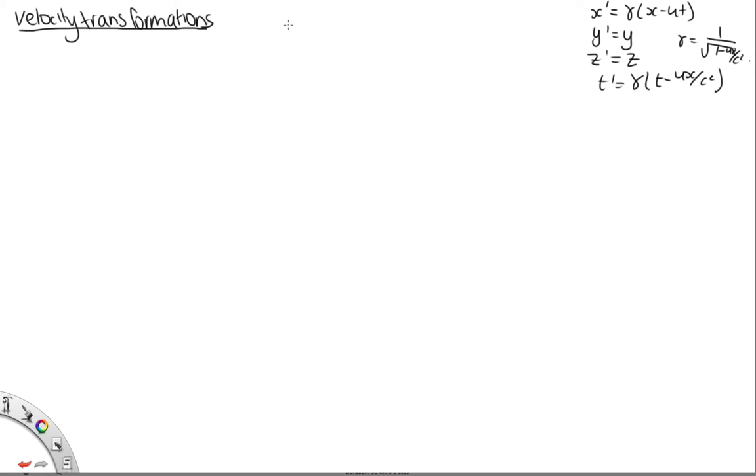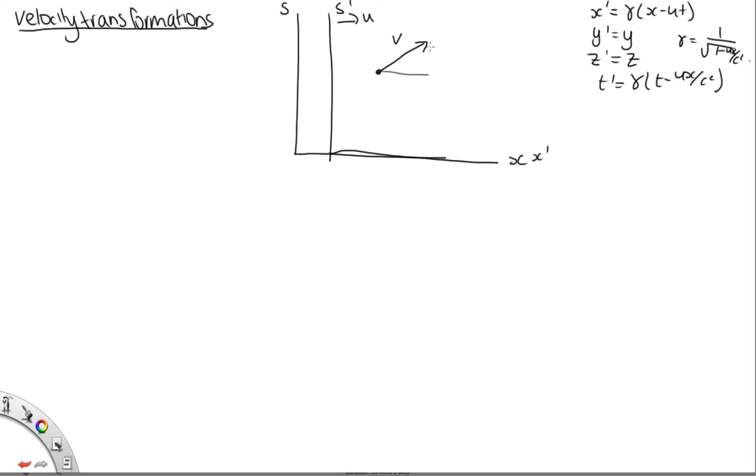So what we're going to be considering is two reference frames, reference frame S and reference frame S prime, moving with a velocity u along the x-axis of S. And what we'll be considering is a particle travelling with a velocity. It's got an x component and a y component to its velocity.